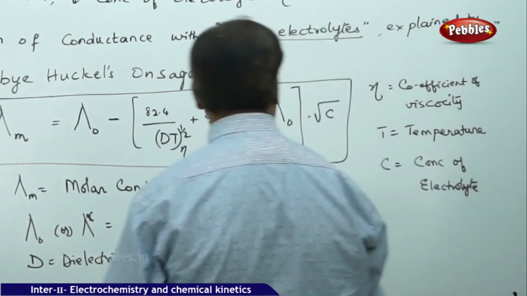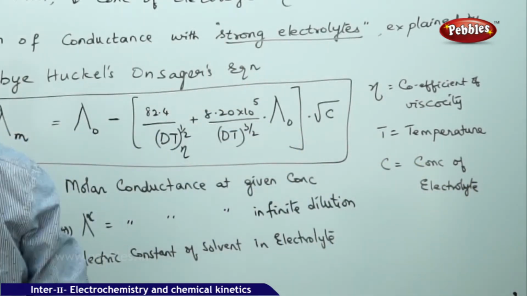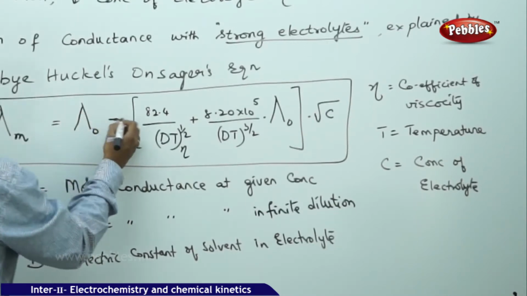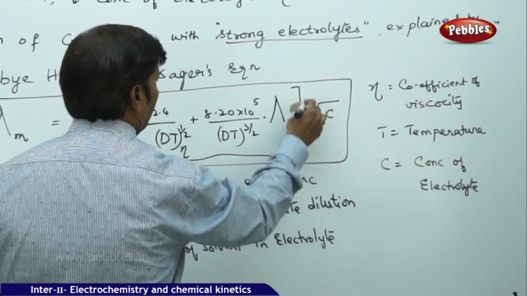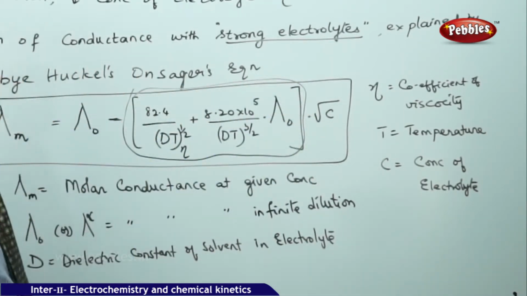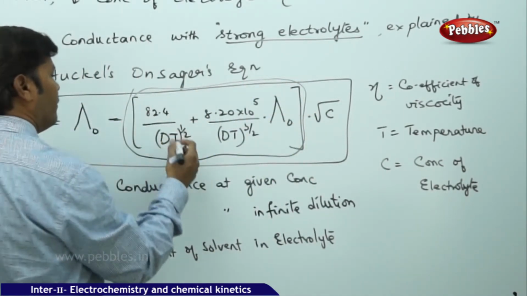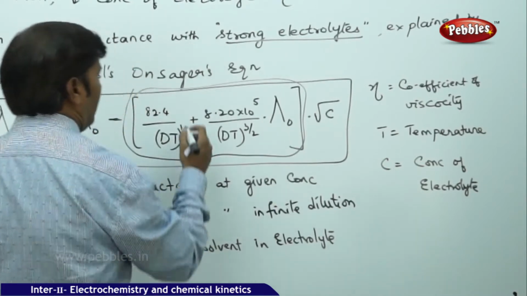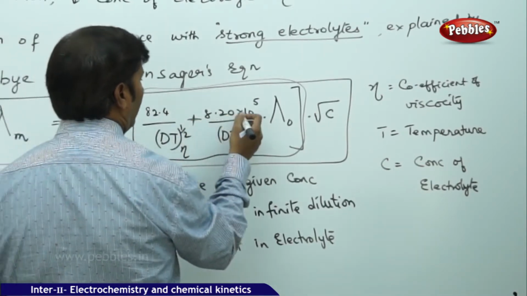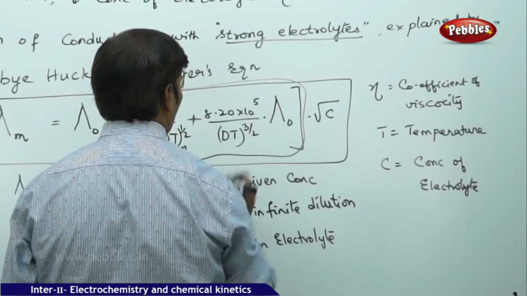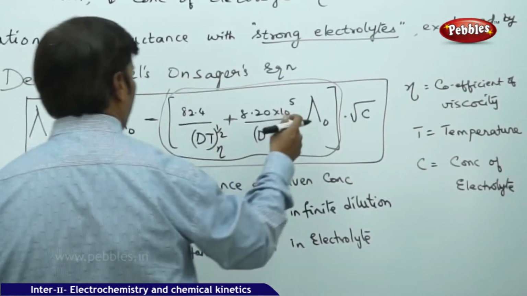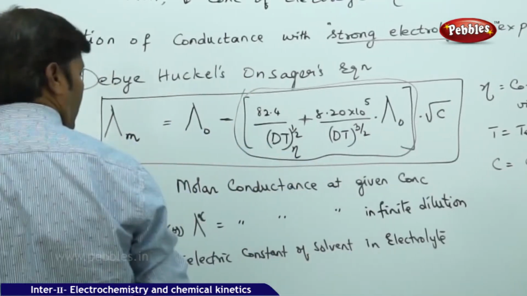Let me put this expression in a simpler form. I take the term 82.4 divided by (DT)^(1/2) eta, plus 8.20 into 10 to the power of 5 divided by (DT)^(3/2), multiplied with the equivalent conductance at infinite dilution.